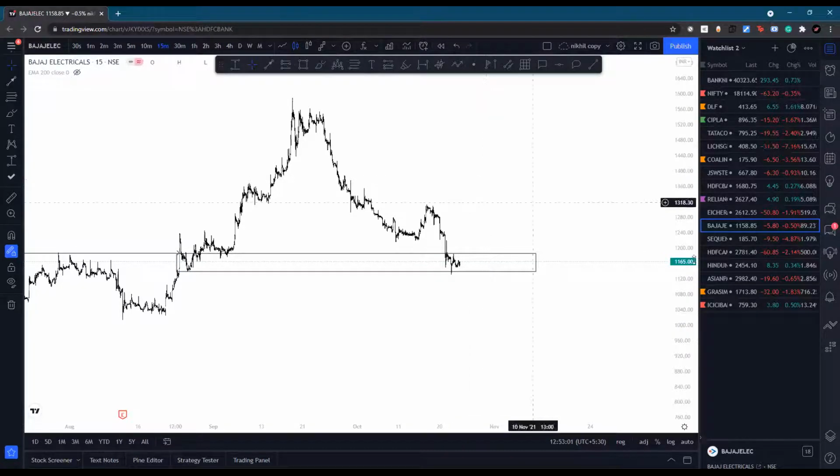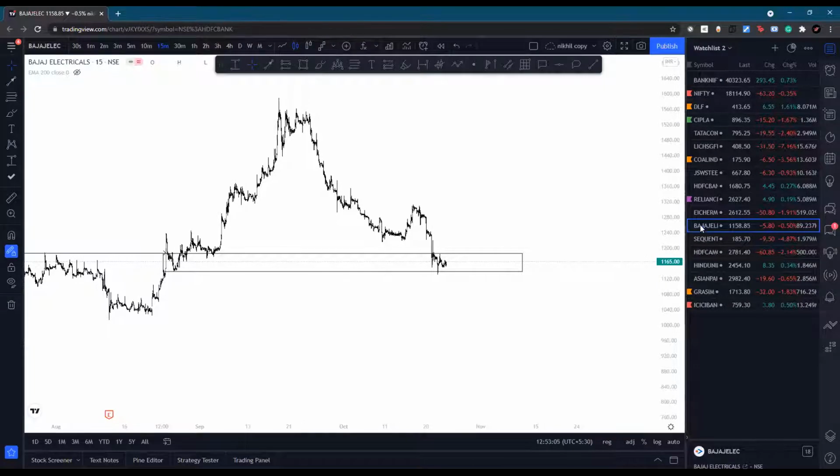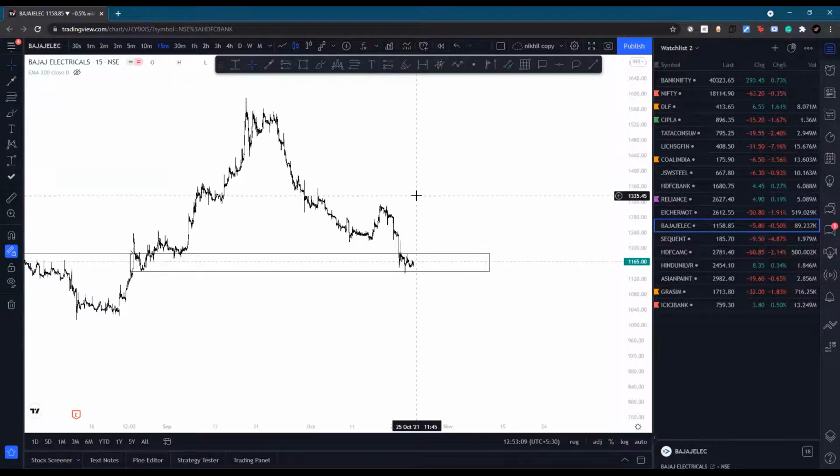So less volatile stocks give you a choppy structure, price action, but we can trade those choppy areas because if there is less volume, the stock will go even higher. Okay, because there are fewer buyers and sellers, so the spread between buyer and seller will be huge.